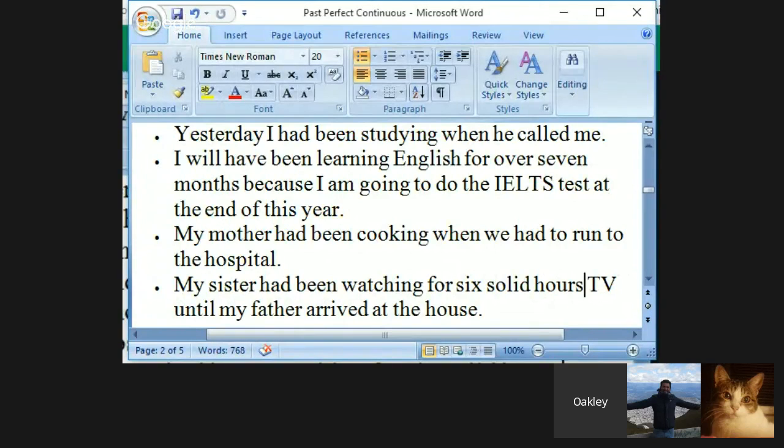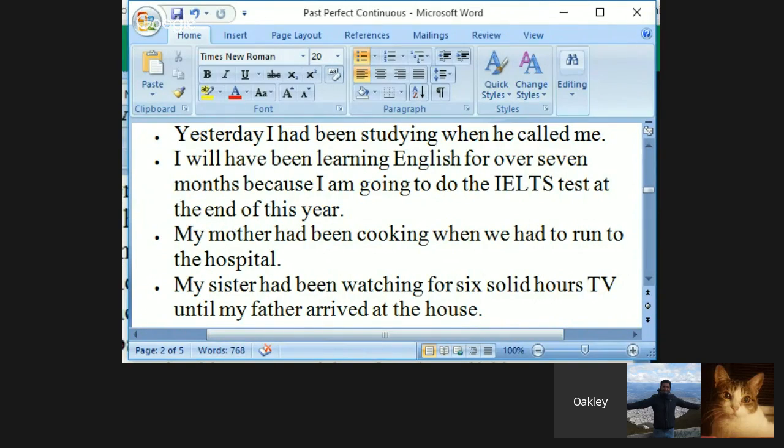It seems a little off to me because before I added this time phrase of duration, it seemed like, why are you emphasizing that she watched TV for a little while, when the emphasis should be on the outcome, which is the father arriving at the house? So it seems like you're throwing the emphasis in the wrong direction.